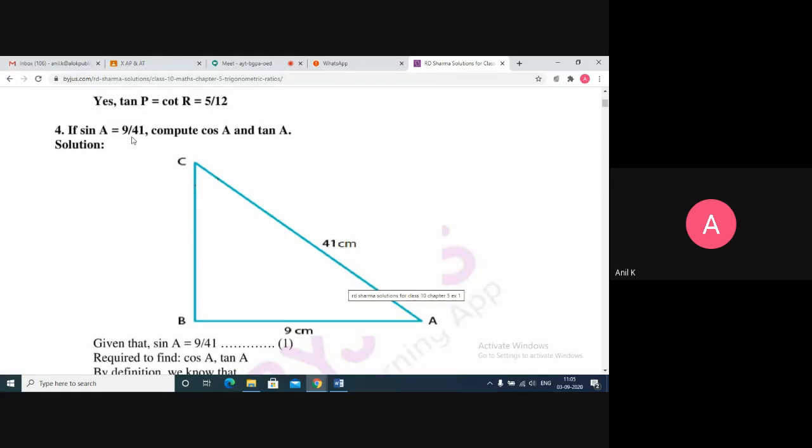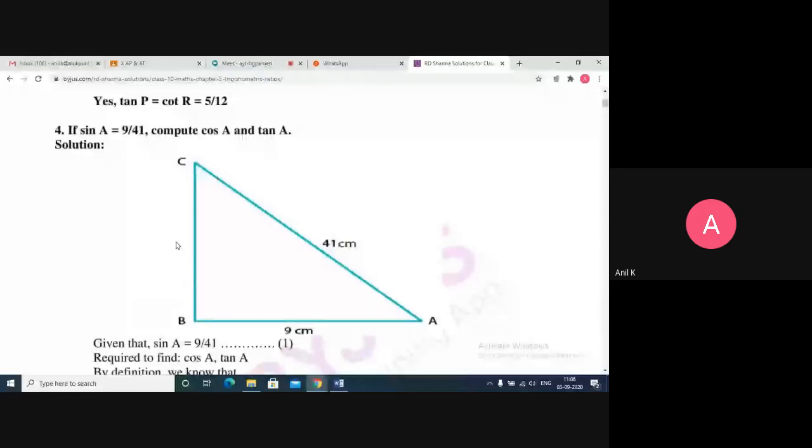Sine C value is 9 upon 41. So if theta is C, your opposite side is AB and hypotenuse is 41. Get the BC value. Let me know what is the BC value. BC value is under root 41 square minus 81.